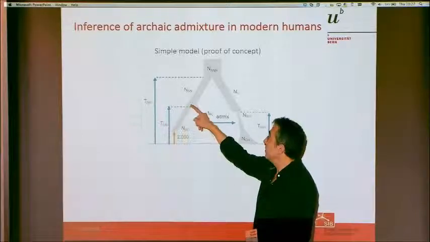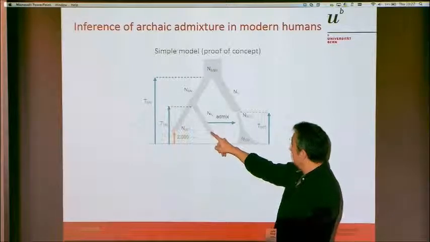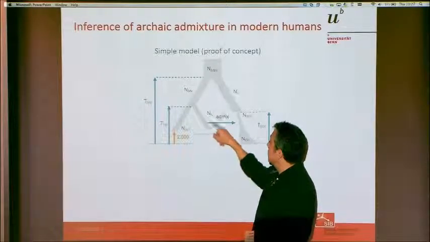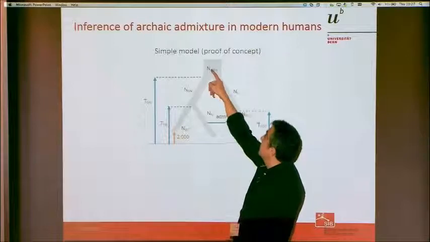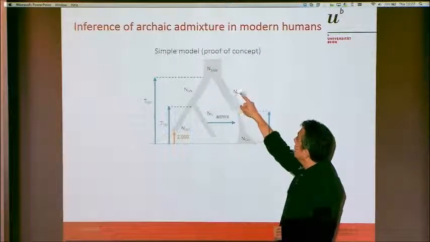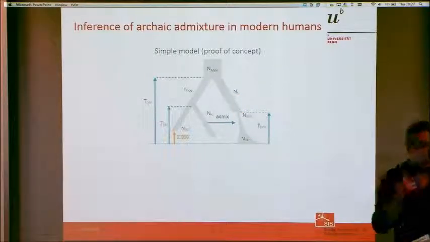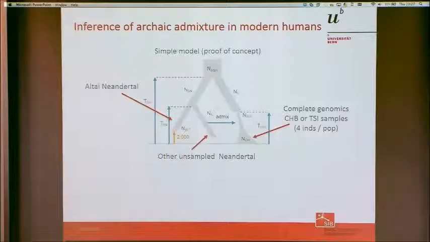Okay, that's our scenario. And then we're trying to estimate the size of this Altai population, the size of this unsampled Neanderthal, this ancestral Neanderthal, the ancestral size of humans and Neanderthals, the ancestral human population size, and these other parameters.